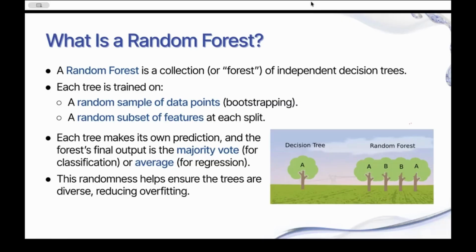So we have a training set, we split it into a random subset of the data points, but we also take all the features that we had, like age, height, whatever, X, Y, Z, and we also split them into a random subset of features. And each tree makes its own prediction, and the forest's final output is a majority vote for classification or an average for regression.